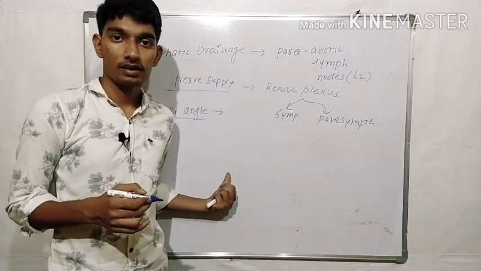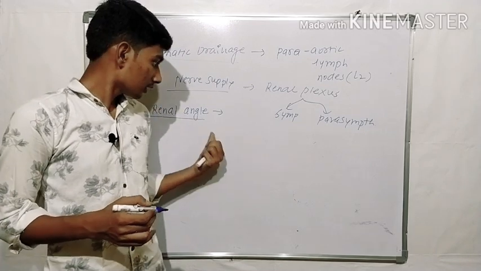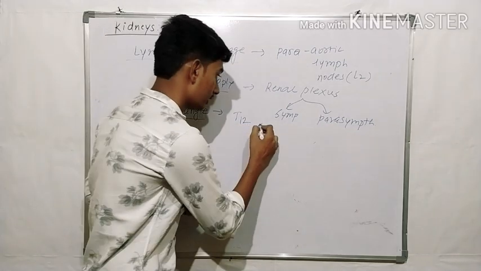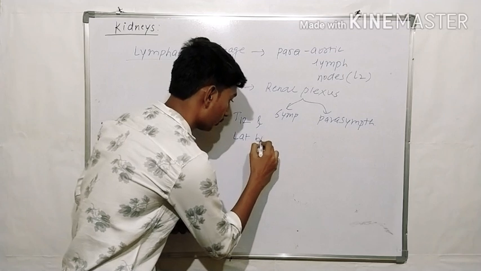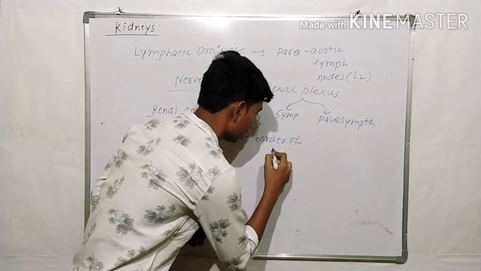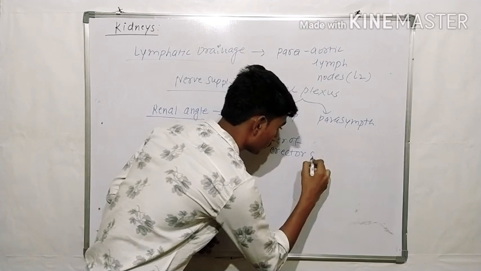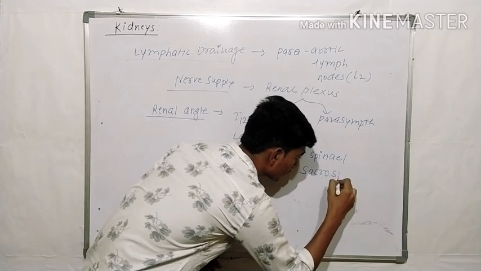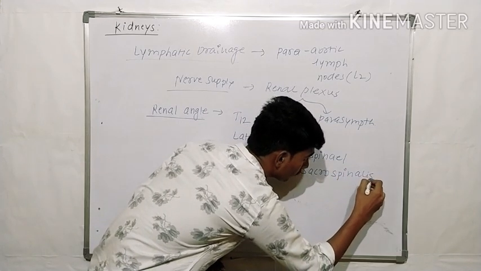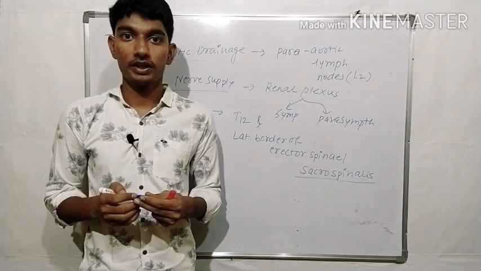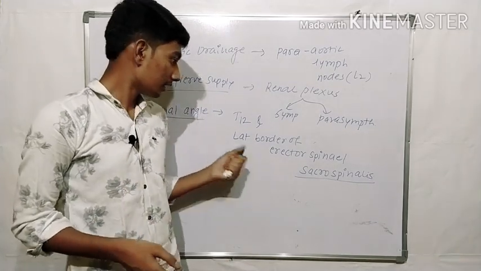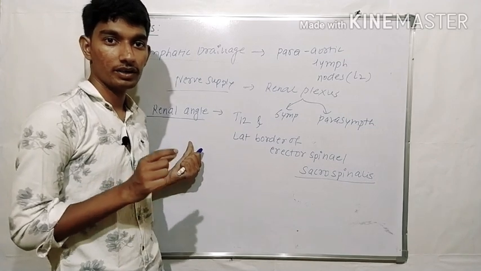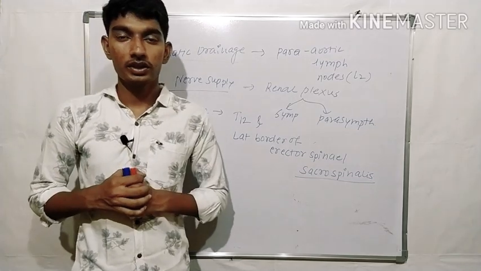This renal angle is present in lower border of T12 and lateral border of erector spinae or sacrospinalis, and in that angle kidney lies. This renal angle is occupied by the kidney. This is about the kidneys.